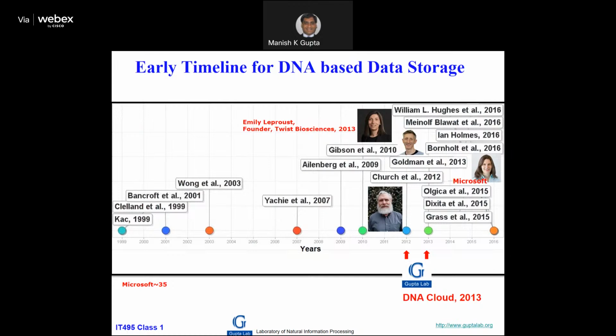George Church, Goldman, Emily, and Terence Dess at Microsoft. Microsoft has around 35 papers from 2016 till now, and some of them are really very beautiful. They have a very strong DNA storage group. If somebody wants to get an internship there in Seattle, that is a possibility.